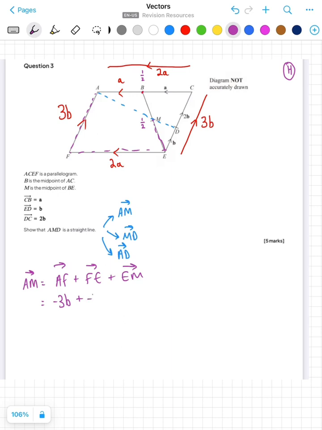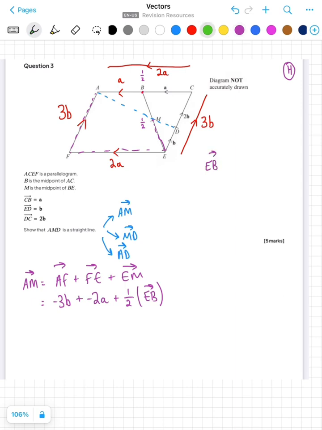F to E, opposite direction, minus 2a. E to M. Now M is the midpoint, so that's to say E to M is going to be a half of E to B. E to B we don't know, so let's find that out. E to B, we can follow this green dotted line. 3b plus a.